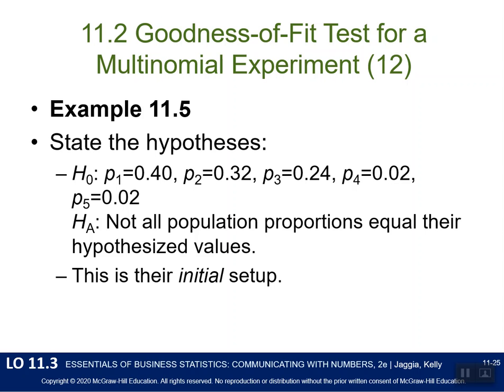So the probability of firm 1 having 40% market share, firm 2 having 32%, 3 24, 4 2%, and 5 2%. So our alternative is that not all population proportions are equal to their hypothesized value, that something has changed is what we're hypothesizing.